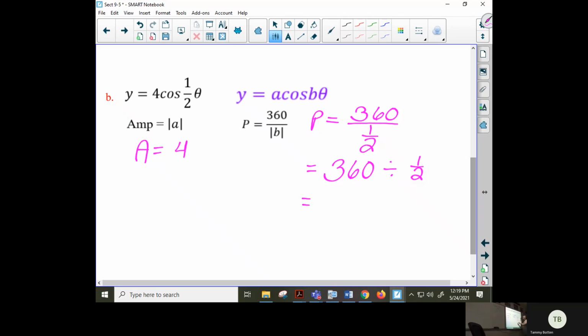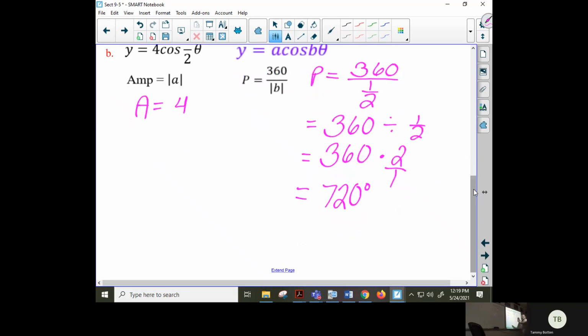So what I would do, you could go 360 divided by parenthesis 1 divided by 3. Or what you can think of there, dividing by a half is the same thing as multiplying by its reciprocal. So we'd multiply it by 2/1, and it would be 720 degrees.